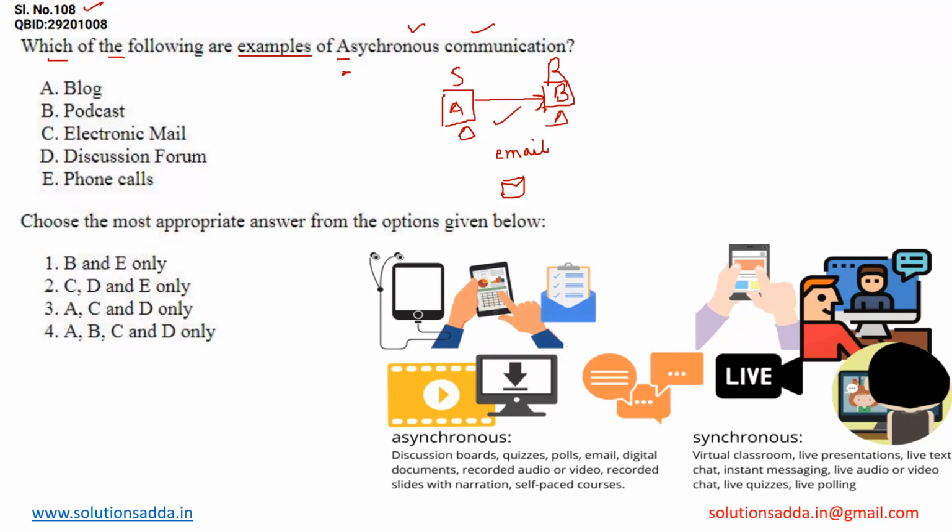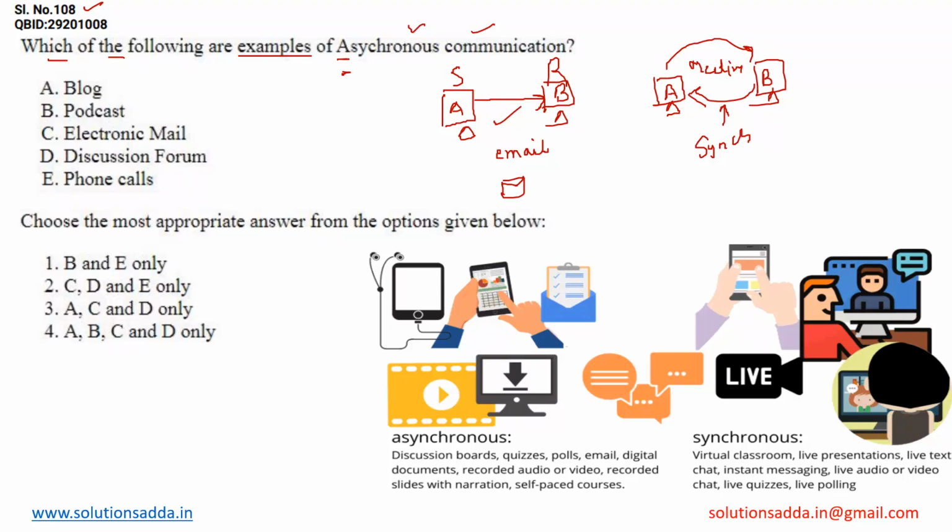There are other means as well which come under asynchronous communication. In synchronous communication, for example, they are doing video conferencing with each other, or taking a meeting online. In synchronous communication, the sender and receiver, both parties, have to be active in an active communication.